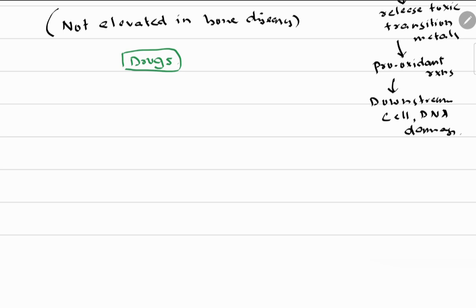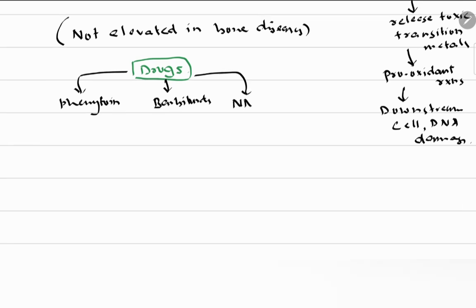There are some drugs that may increase the levels of GGT like phenytoin, barbiturates, NNRTIs, protease inhibitors. And with alcohol, you may also find there is increased gamma glutamyl transferase levels.